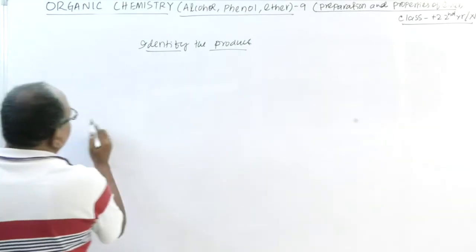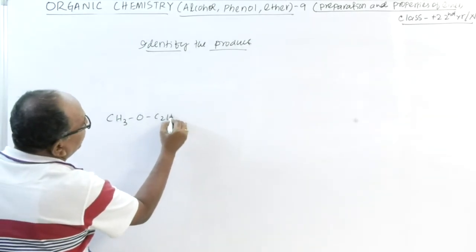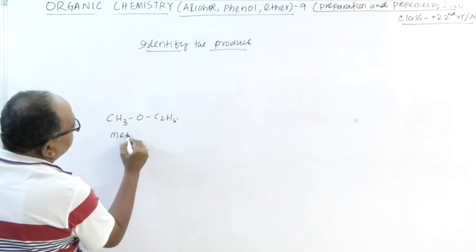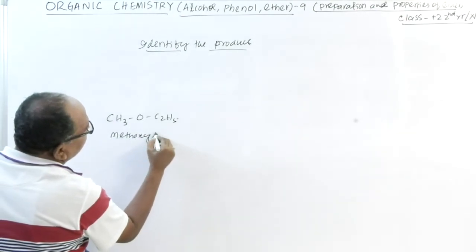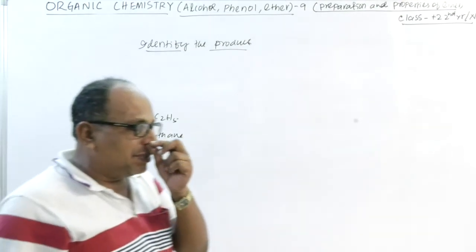Suppose you take CH3OC2H5, that is methoxyethane or ethyl methyl ether.